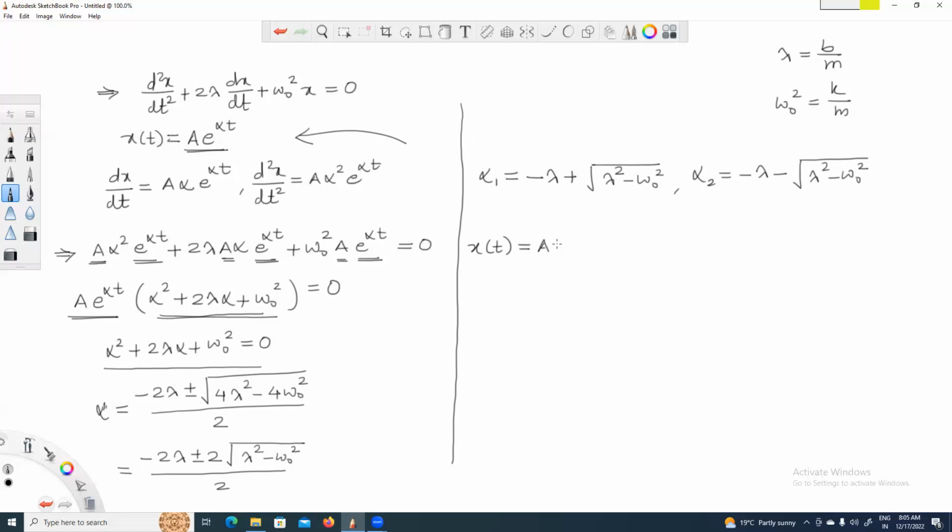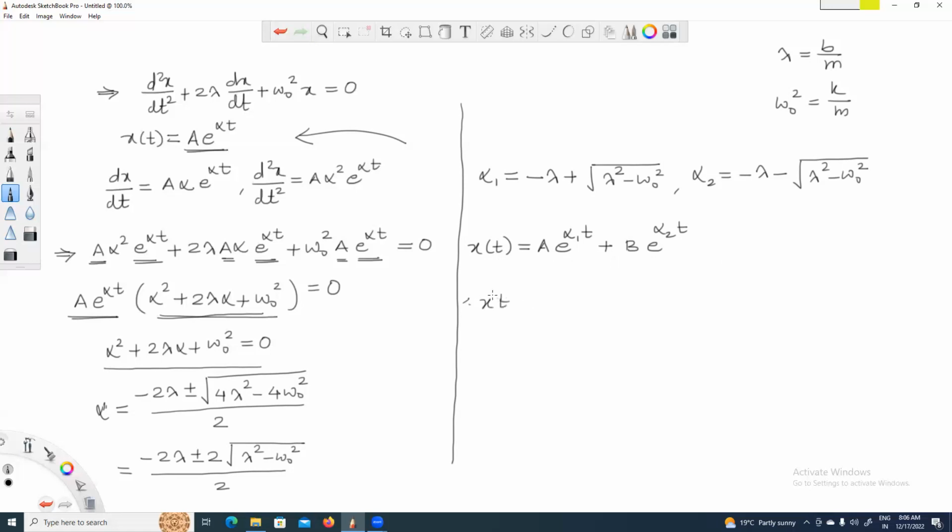So first constant a e raised to alpha 1 times t plus b times e raised to alpha 2 times t. Because it is a second order ordinary differential equation, you'll end up having two linearly independent solutions. So your final solution will be a linear combination of these two linearly independent functions, right?